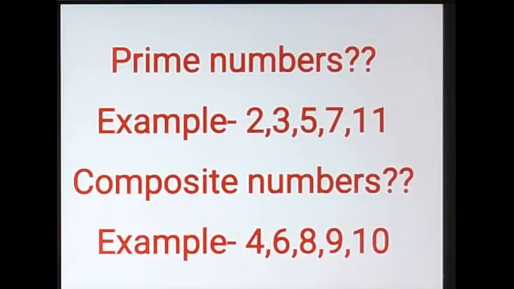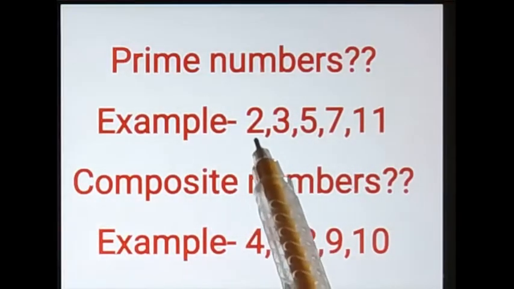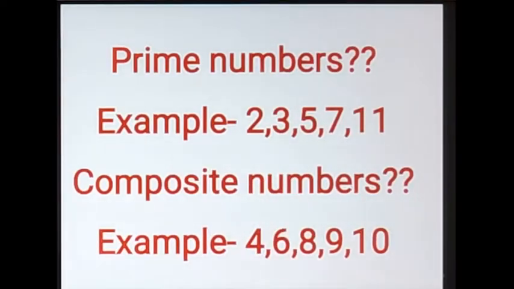If the numbers are not prime, then what is the other term used? The other term is composite number. I forgot to mention, the smallest prime number is 2. For composite numbers, for example 4, 6, just see the example. 4 is divisible by 1, by 2, and by 4 itself. So how many factors are we getting?